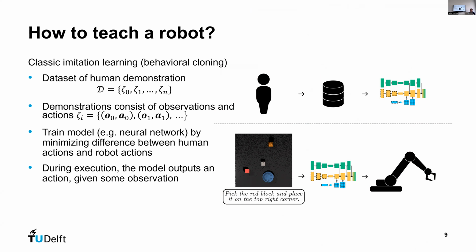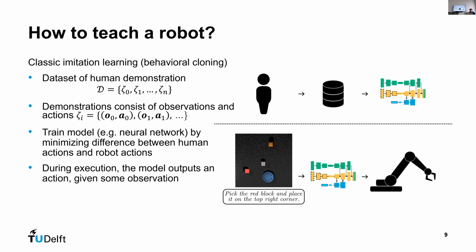And then we minimize some loss between the actions of the model that we're training and the actions from the humans we have in the demonstration data set, given the observation in the demonstration data set. And this model can be, for example, a neural network or a Gaussian process, or any kind of model that maps observations to actions.